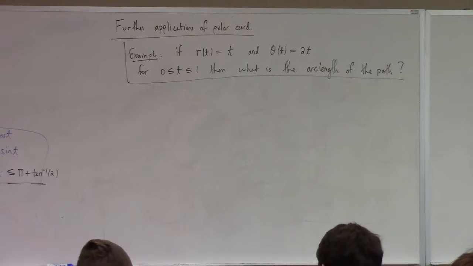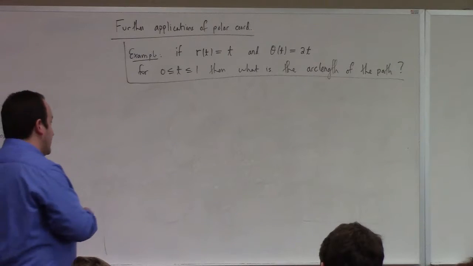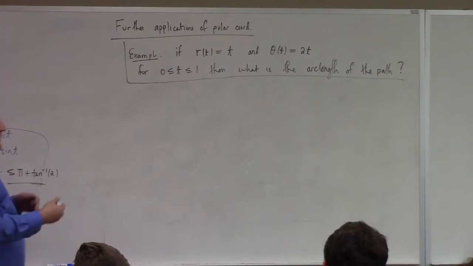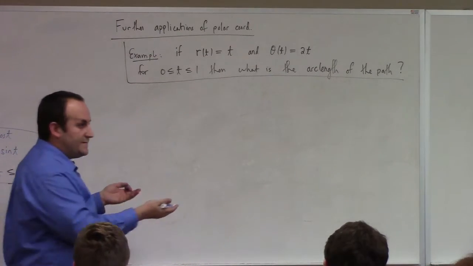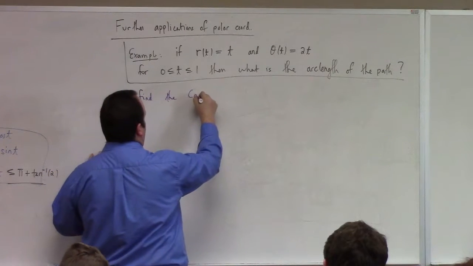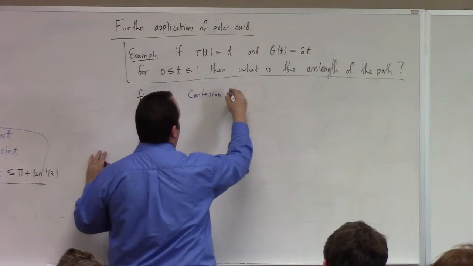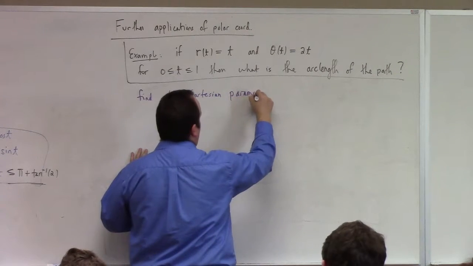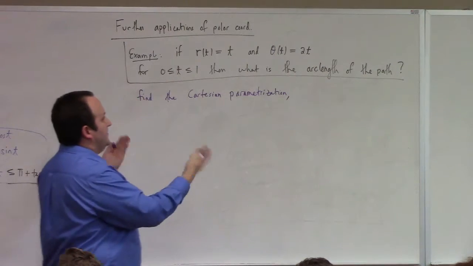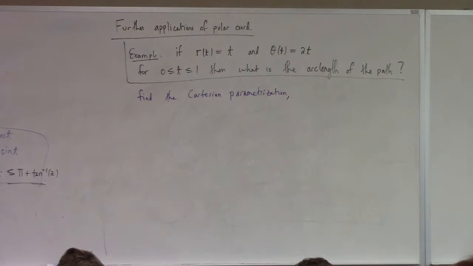So how would you figure that out? What do we know how to calculate arc lengths of at the moment? Given our current technology, here's how I'd have to do this. I can find x of t and y of t. How can I do that? What's the corresponding Cartesian parameterization? See, I've given you r as a function of time and theta as a function of time.